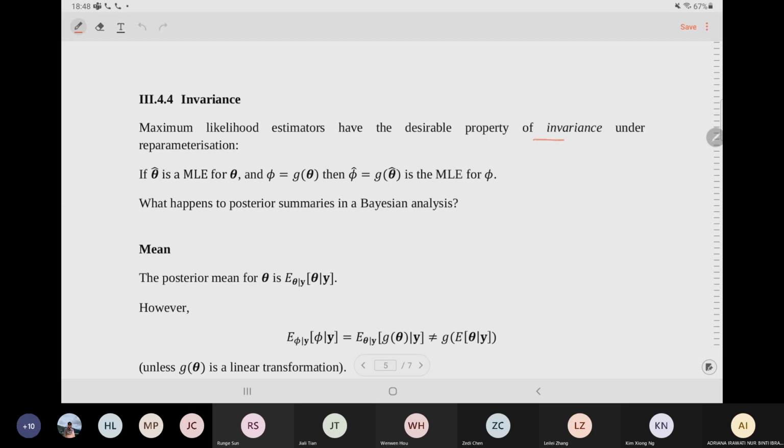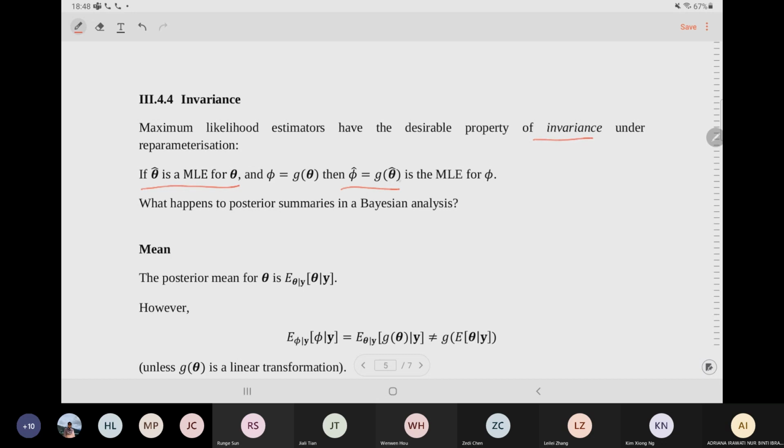Meaning, as we already talked about before, if theta hat is the MLE for theta, then phi hat is the function g of the MLE of theta, which is theta hat. So if I find theta hat, the MLE for theta, I just input my theta hat into the function and I get the MLE for phi.